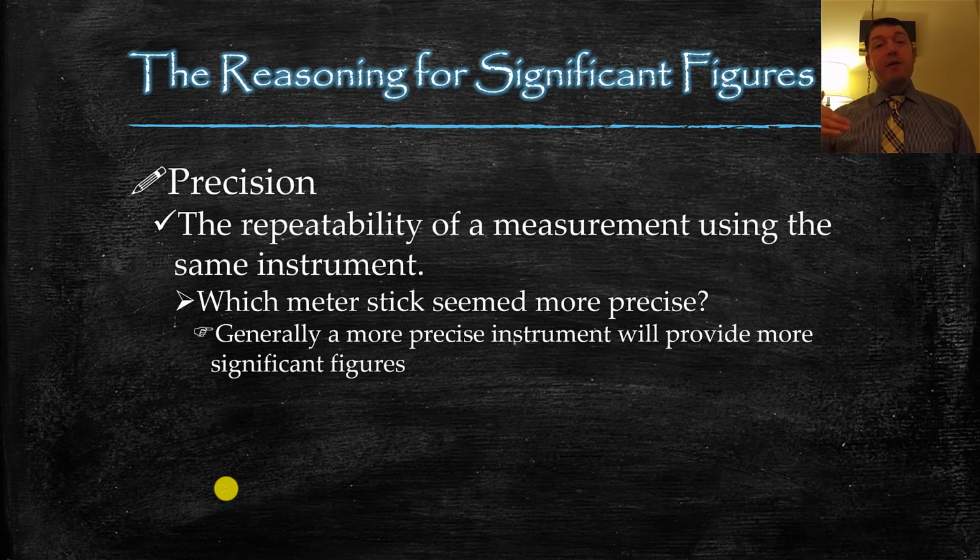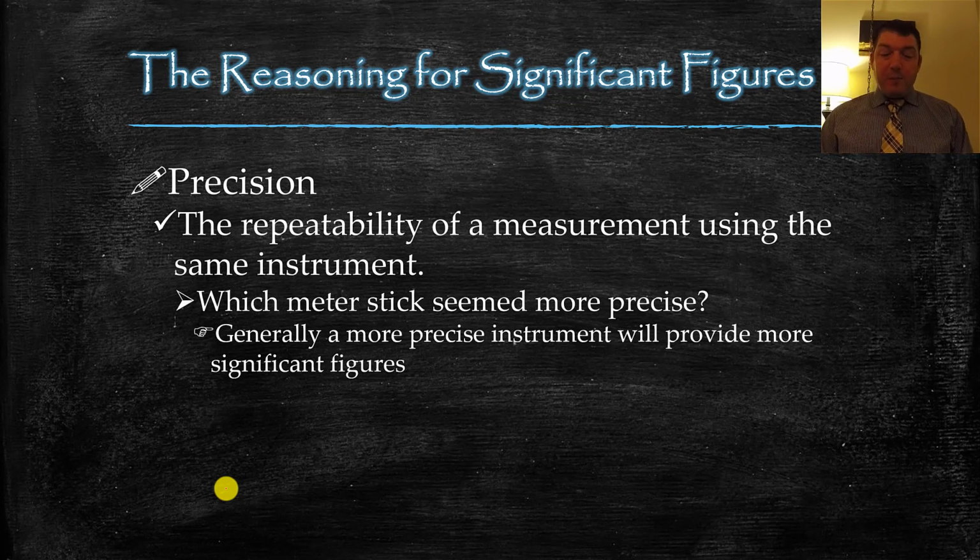Now, if we compared the first meter stick, it's less likely that three different people making measurements would come up with the same measurement because there are no smaller tick marks. However, with the third meter stick, it becomes very likely that no matter how many people use it, they're all going to get very similar measurements because the precision is very high. The estimated value is a very small length compared to the length of the pencil.